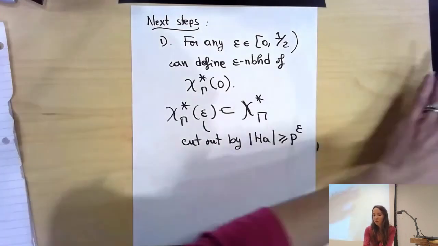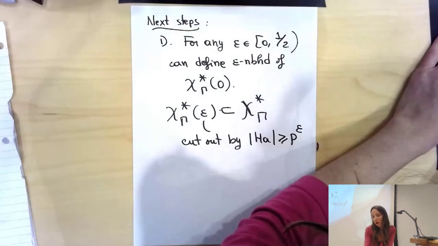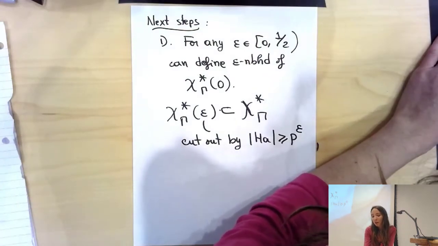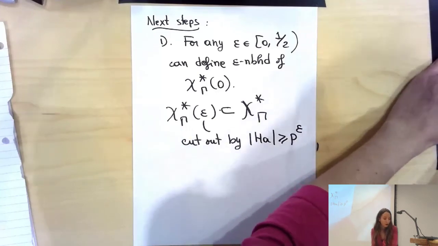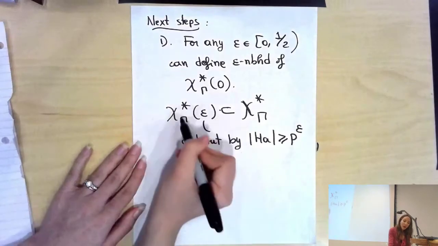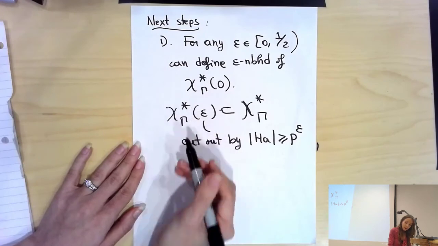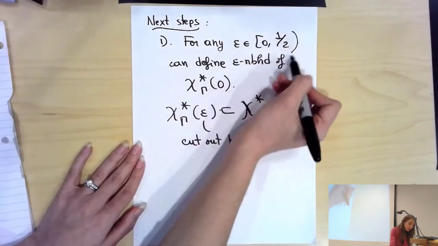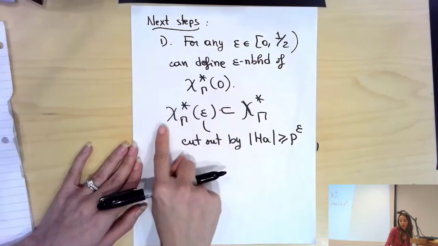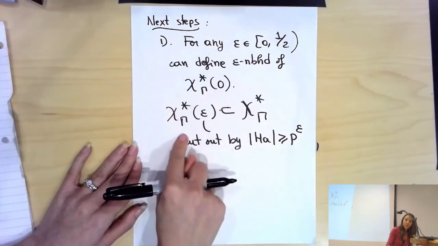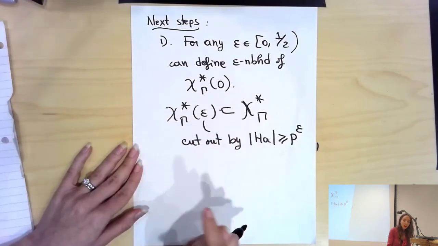And so concretely what this means is you want to look inside these supersingular disks and start out from the ordinary locus and go a little bit into the supersingular disks, but not all the way. This is what this X star gamma epsilon is going to look like. And I claim that if epsilon is in this interval, then any elliptic curve that is parametrized by this open inside X star gamma is going to have a canonical subgroup.